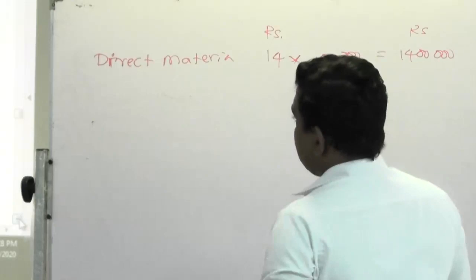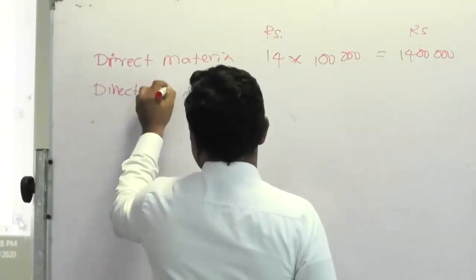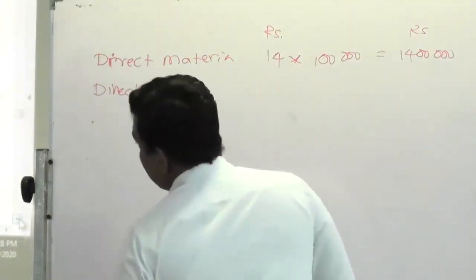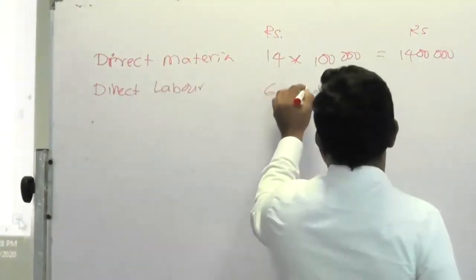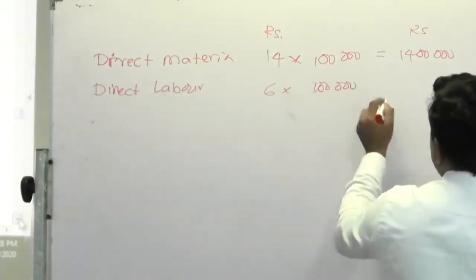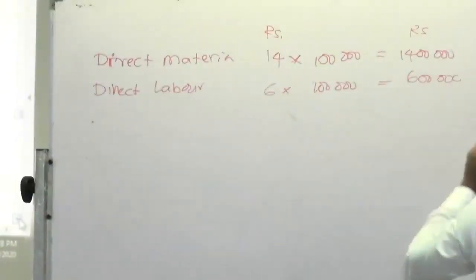Then direct labor, that changes according to the units. Per unit 6 rupees. For 100,000 special order you require 600,000, right.